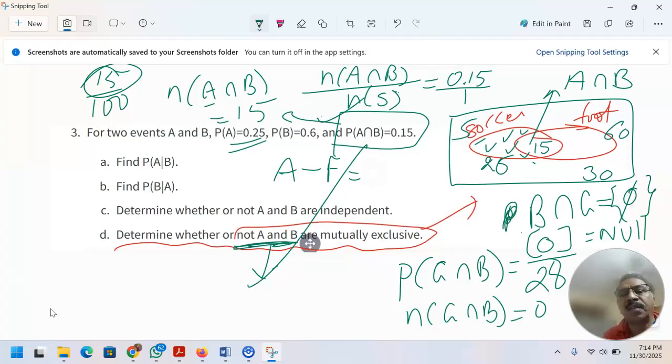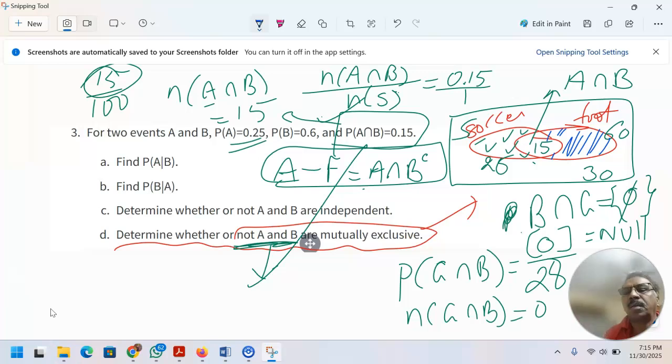In other words, in set theory, A intersection B complement. It means not B. So A but not B. That's another way to write this. If you want to write the other piece here, this part is B but not A. That means it is B intersection A complement. So that's another way to write that.